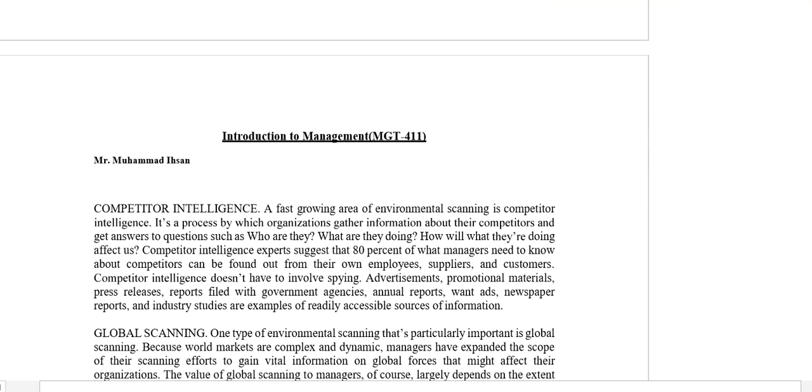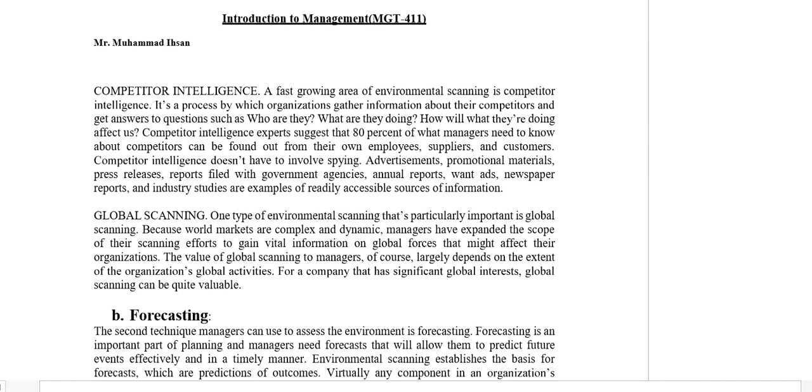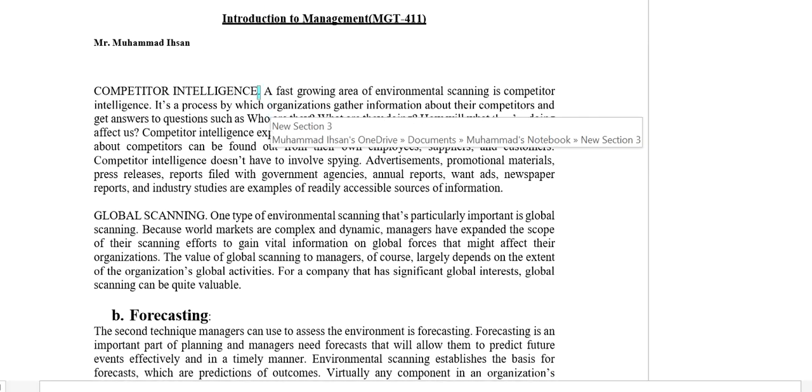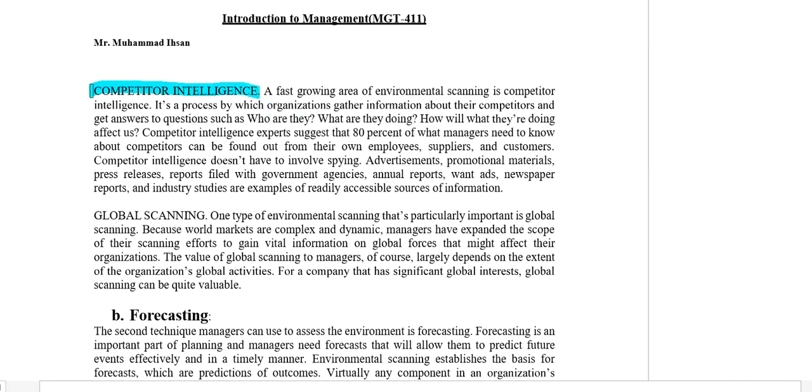When we have to scan the environment, we will do two different activities. Activity number one is to assess and evaluate the intelligence of the competitors. Students, this is very important to understand the intelligence of the competitor.